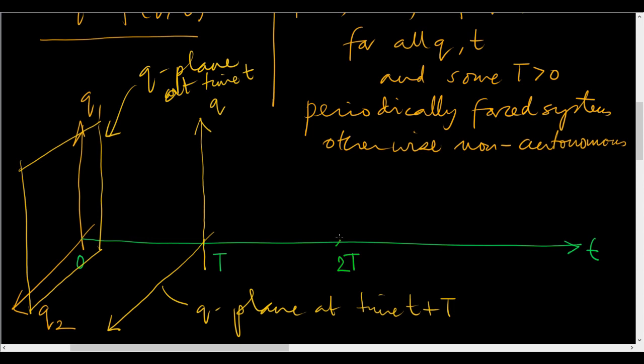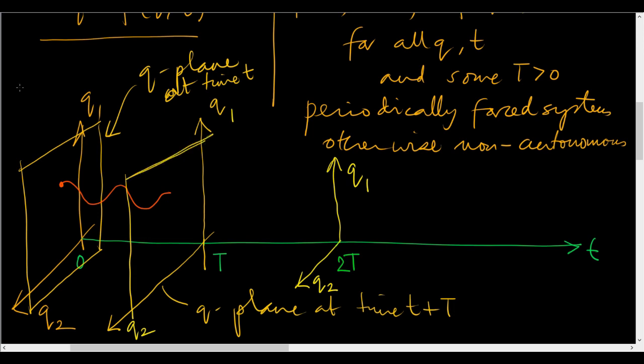Okay, and then over here there is another Q1, this is Q2. Now you think of some initial condition in this Q plane, and as time evolves, Q1 and Q2 change, and eventually we reach this plane. So this initial condition ends up here, and then there is another plane here, and this same initial condition evolving again from here ends up here.